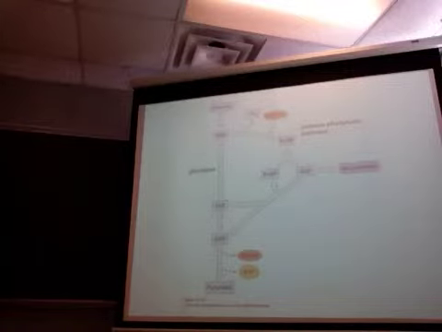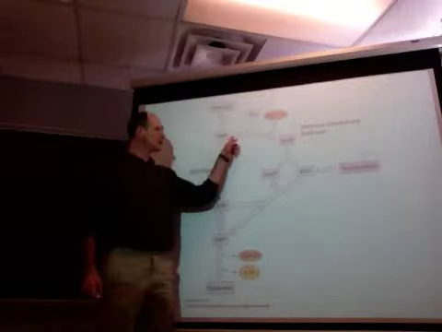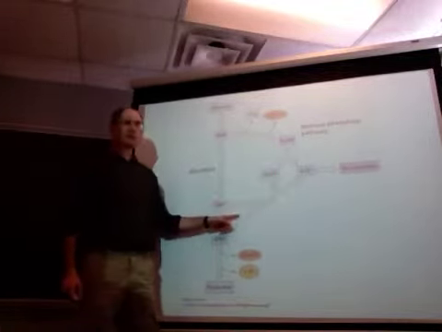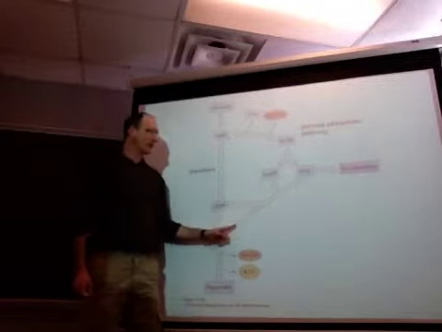Right? The other name for the pentose phosphate pathway is the hexose monophosphate shunt. And so it's just this sort of side reaction that leaves glycolysis and comes back.